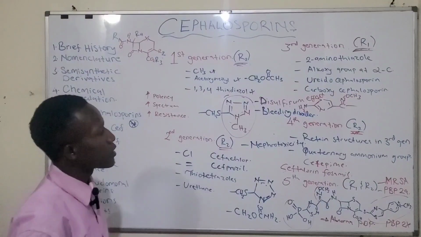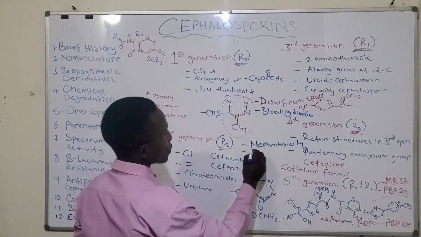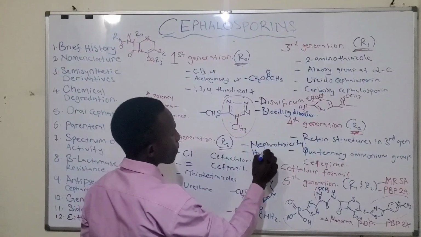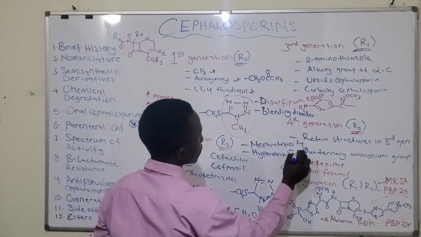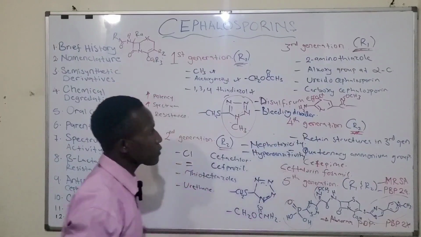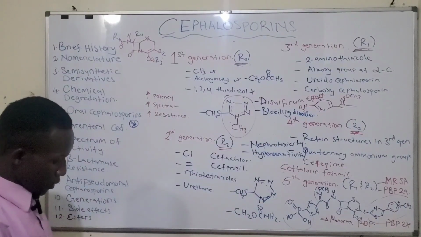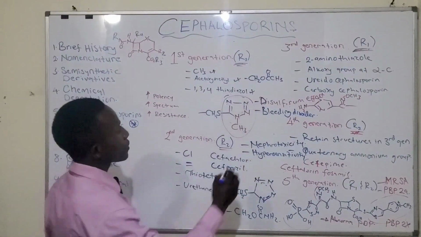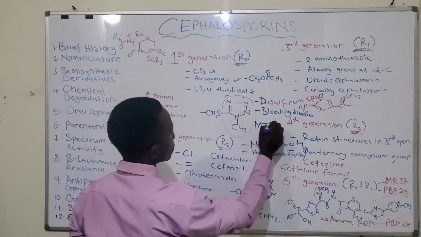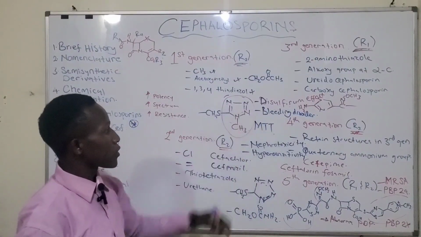Hypersensitivity to cephalosporins is very low compared to penicillin, but they also have some hypersensitivity effect. So those are the main side effects of cephalosporins. But these two are due to this MTT, the methylthiotetrazole.